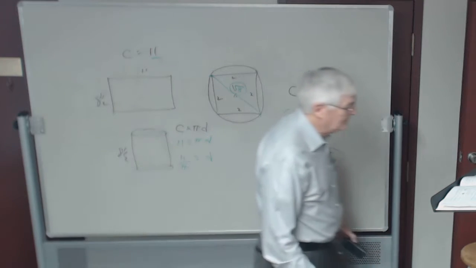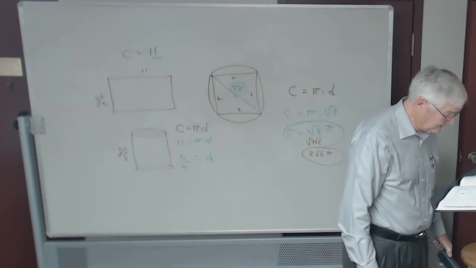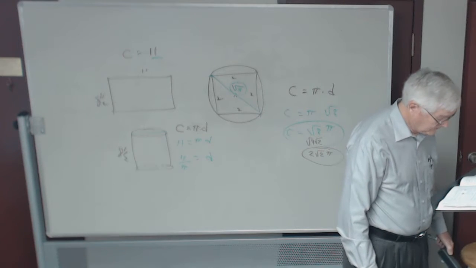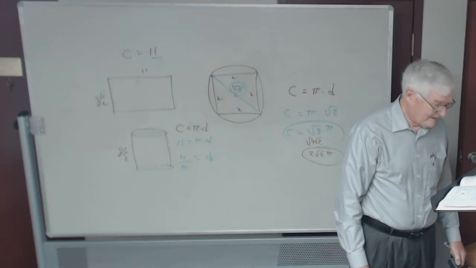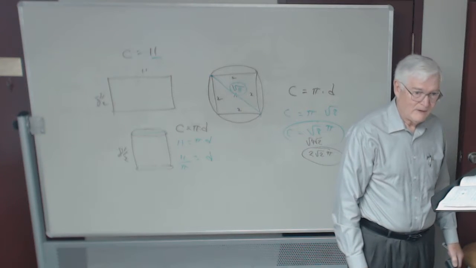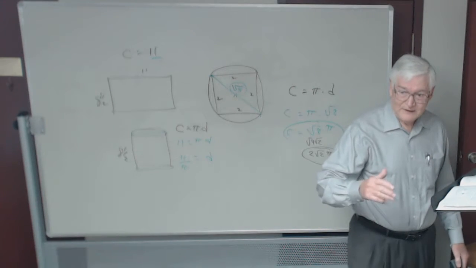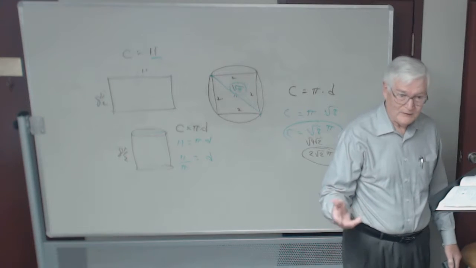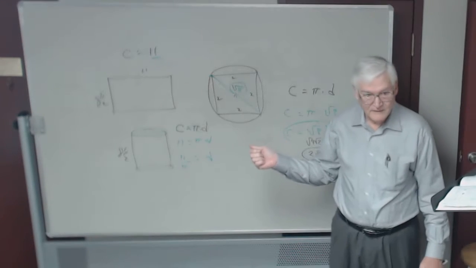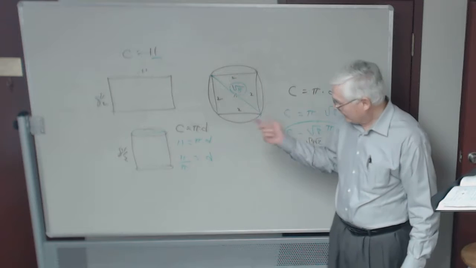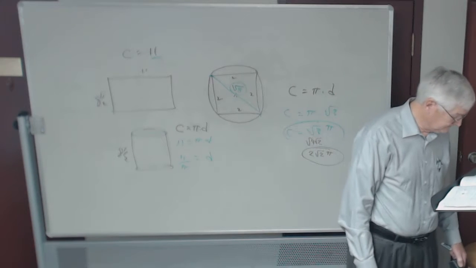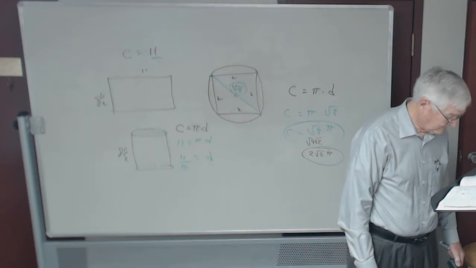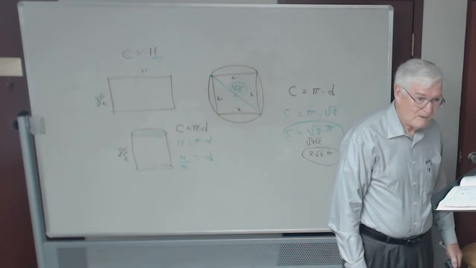Do they want you to leave it like that or approximate it? Oh, it says leave it in terms of pi. Is that what it shows in the answer? 11 divided by pi? Yeah. And if they said simplify it using 3.14, what would you do? Get your calculator and divide 11 by 3.14, and that would be the diameter. Wait, how do you know what the diameter is?